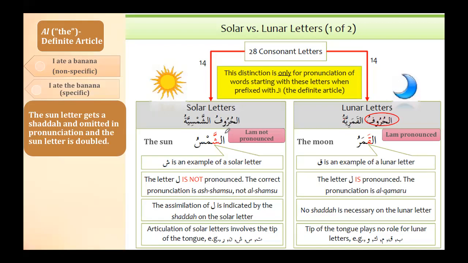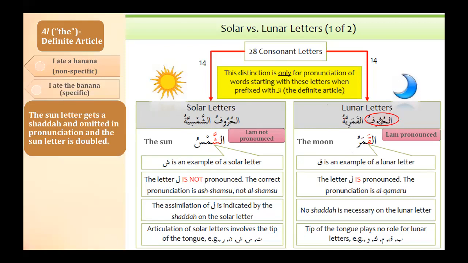Huruf means letters. For this category of letters, you do not pronounce the lam in the al. And in the Quran, it always comes with a shadda, so you don't necessarily have to know these letters, but it's good to know them, and I will be providing you the letters that are solar letters. Similarly, there are certain letters that belong in this category. They are lunar letters.